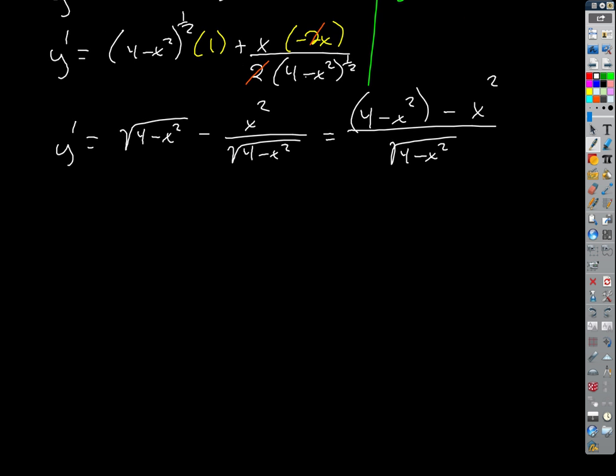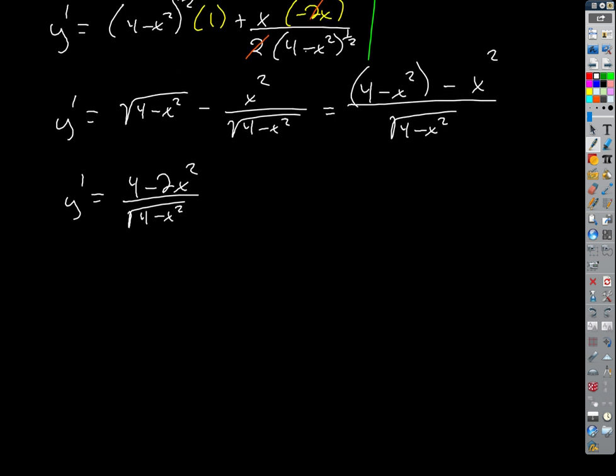If I simplify this, I finally end up with y prime equals 4 minus 2x squared over the square root of 4 minus x squared, right? Okay, so now let's analyze this a little bit. Let's find the first derivative critical numbers. Where is our derivative equal to 0 in our domain?